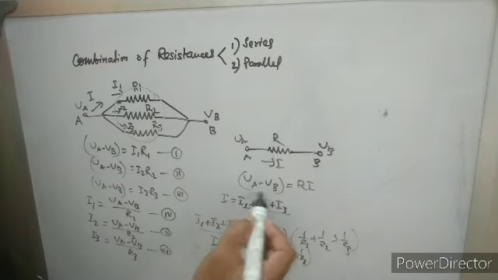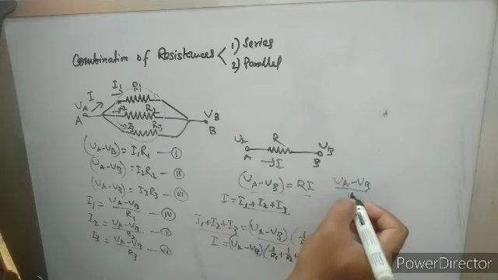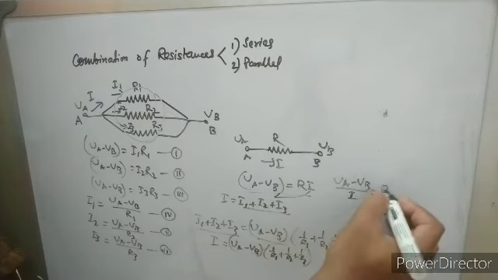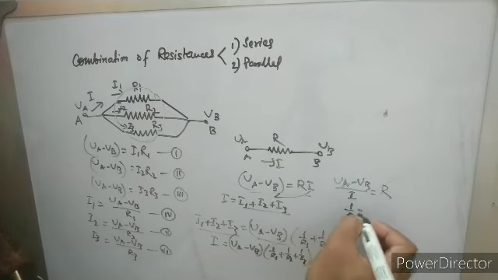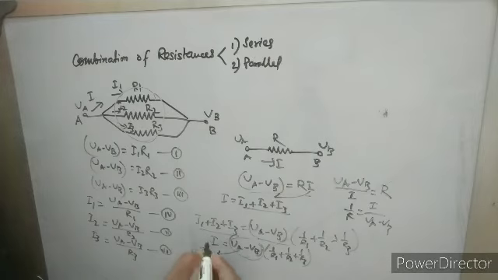Now VA minus VB by I equals R. That means 1 by R equals I by VA minus VB. So I by VA minus VB equals 1 by R1 plus 1 by R2 plus 1 by R3.